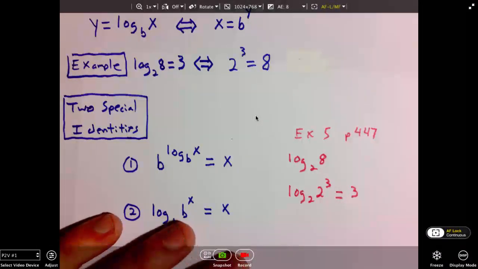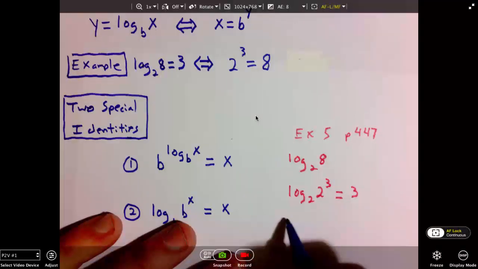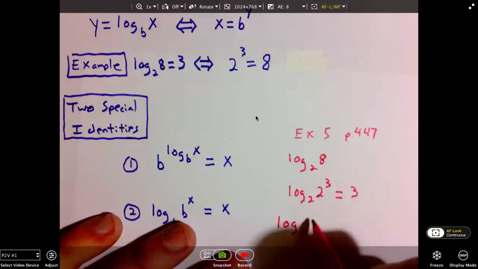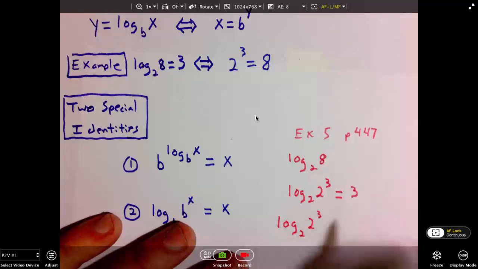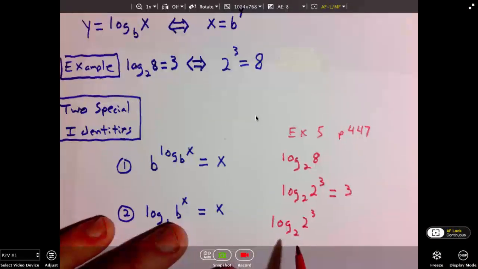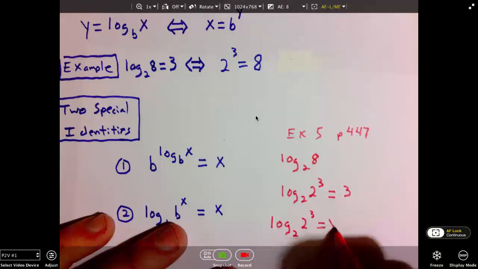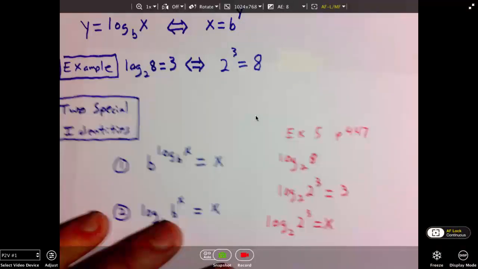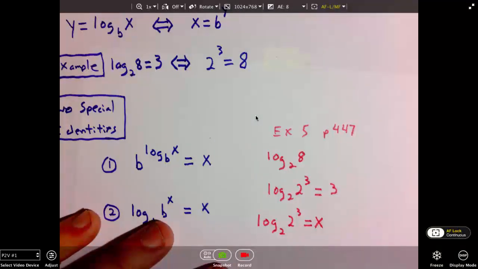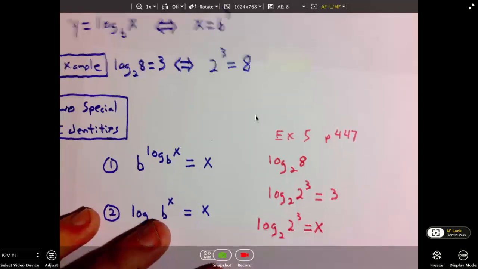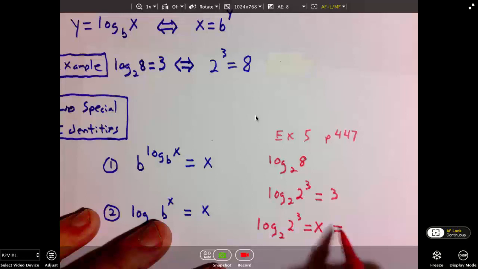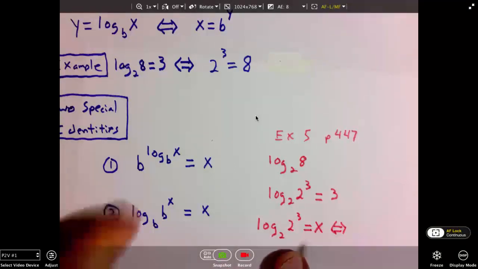I'm going to take the logarithmic expression log base 2 of 2 to the third power. Well, I'm going to set this equal to some value x. I don't know what that value is, but I'm going to show that indeed it's going to be 3. You're going to see why here briefly. This statement is exactly the same as, this is the logical equivalent. All right, going back to the definition.